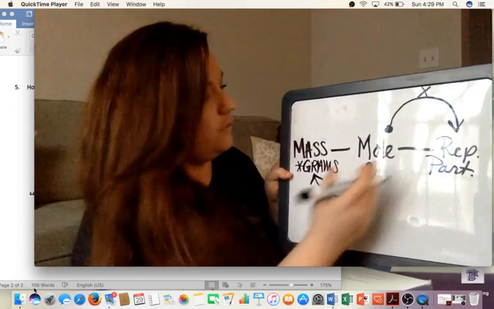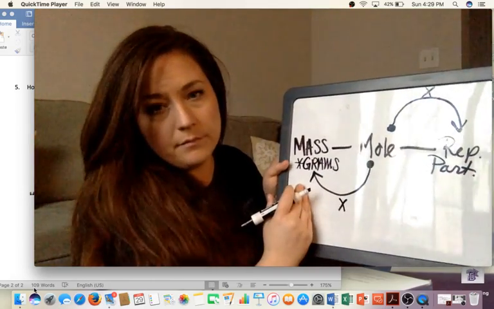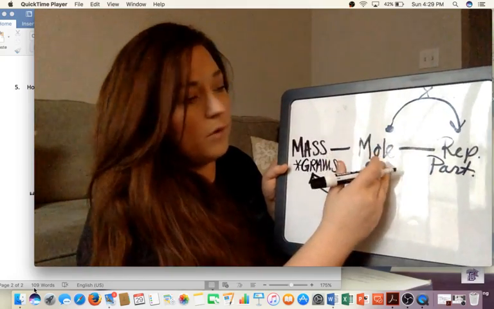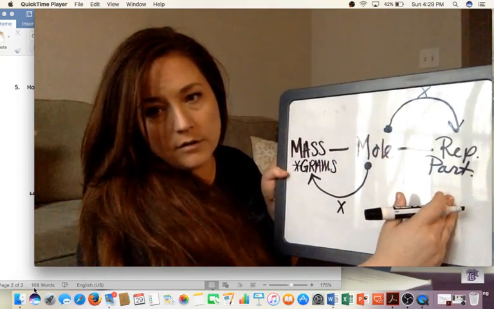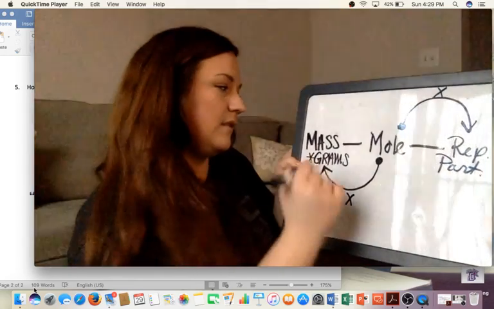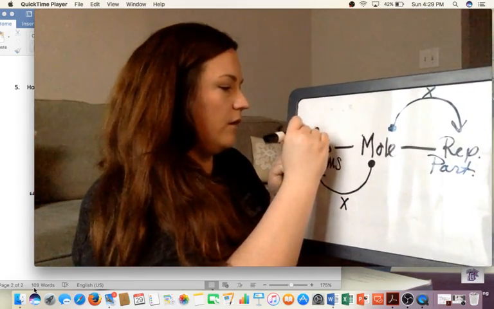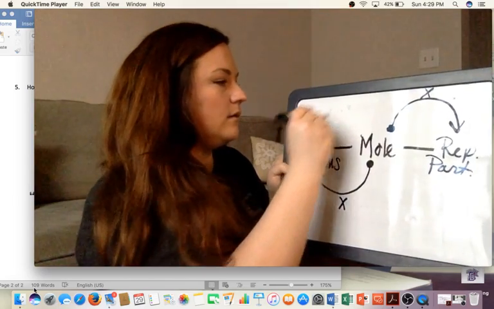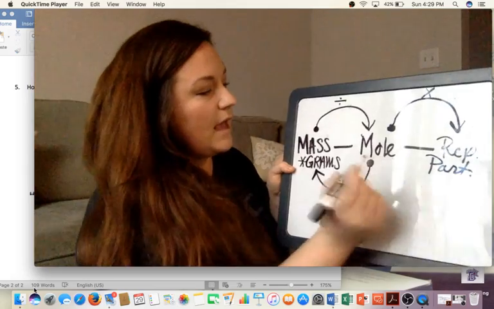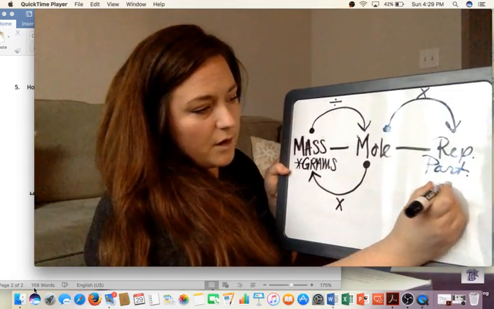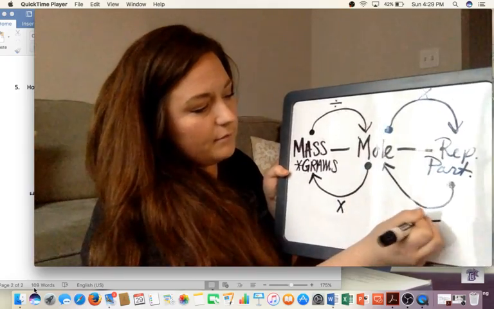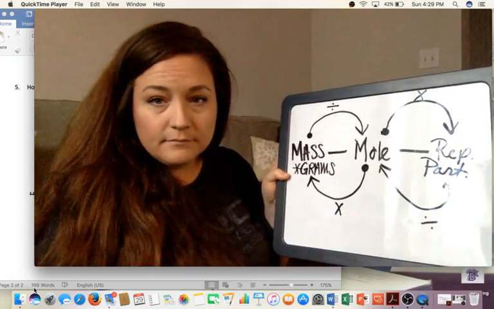Whenever we convert from moles to a gram, we multiply. Anytime we go from a mole to a representative particle, we multiply. All right, then whenever we go from a mass to a mole, we end up dividing. Anytime we go from a representative particle to a mole, we end up dividing.